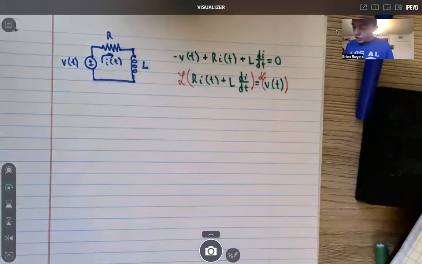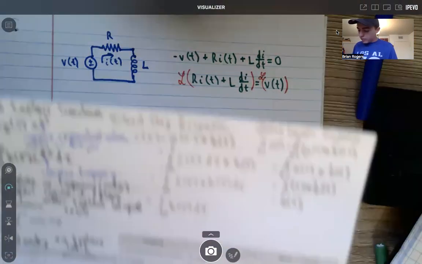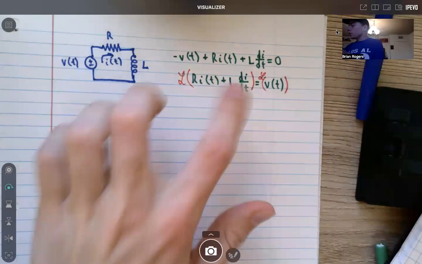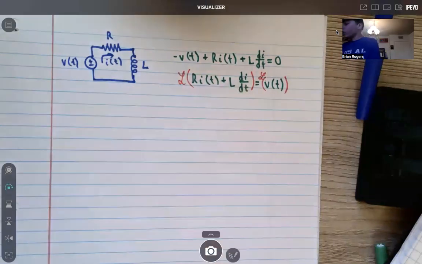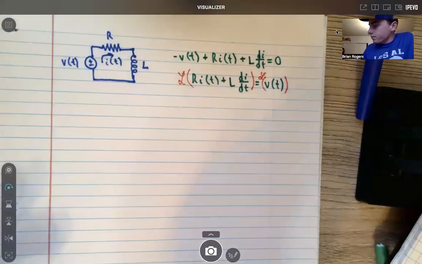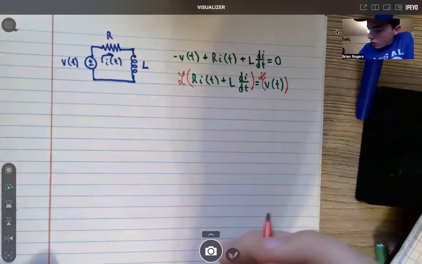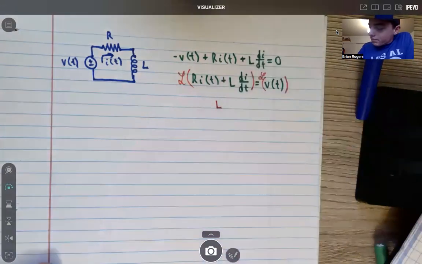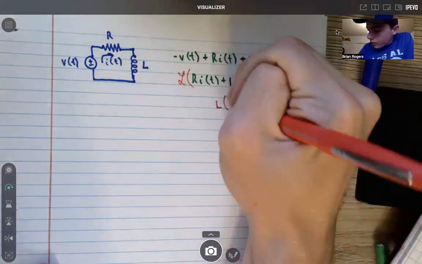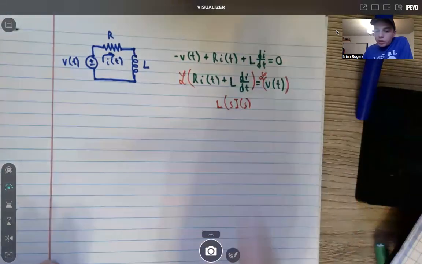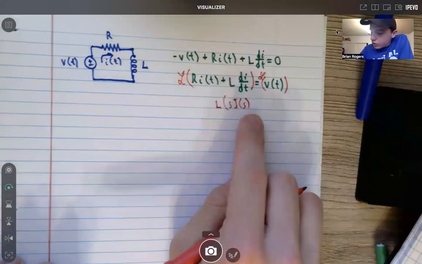the Laplace transform of a term like this, the derivative, is going to be in the format, if you guys remember, L times S I of S. And then you lower one power of S as you go along.